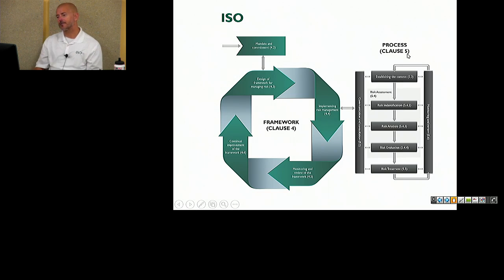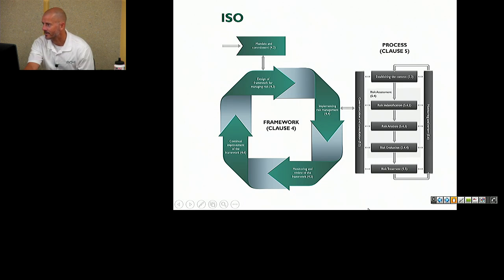If you look at the ISO diagram on the far right, establish the context. And then you go straight down the line: risk identification, risk analysis, risk evaluation, risk treatment. And then you look at the third. Right here where my mouse is going, you have communication and consultation. And on the right side, you have monitoring and reviewing.